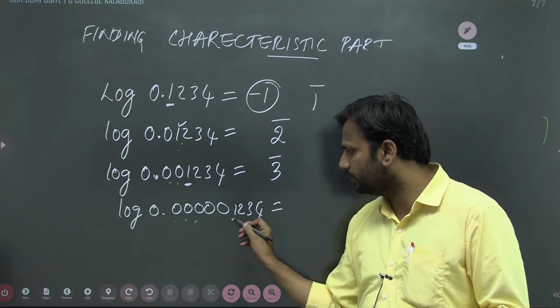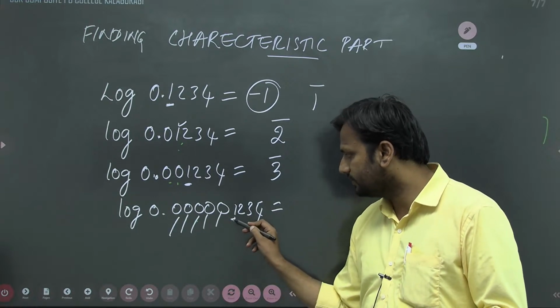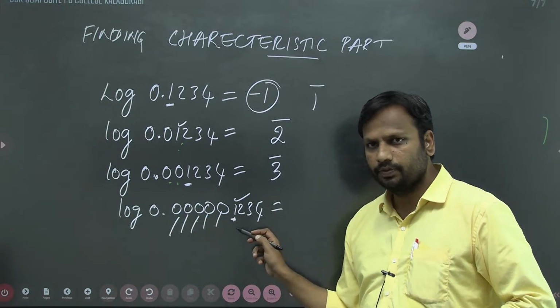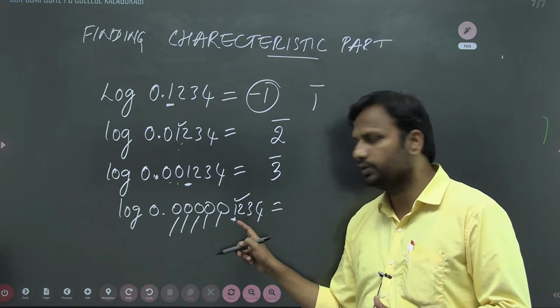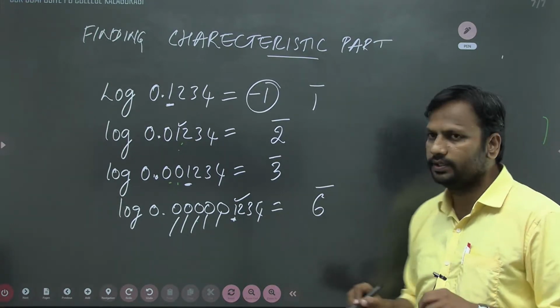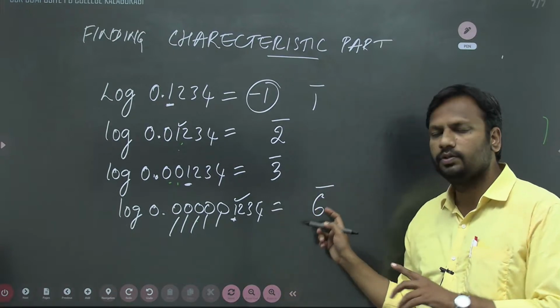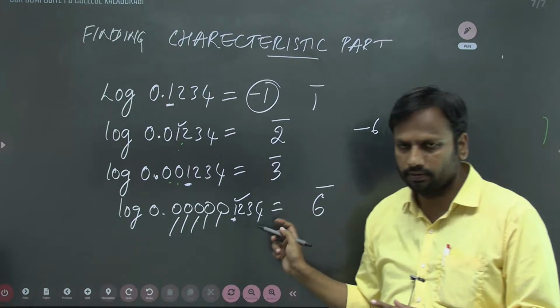And in the sixth position, if you see, first, second, third, fourth, fifth, and in the sixth position after the decimal point, you are finding the first significant figure. So the characteristic part will be 6 bar, students. You should write actually -6 there, but instead of expressing -6, we express 6 bar in logarithm.